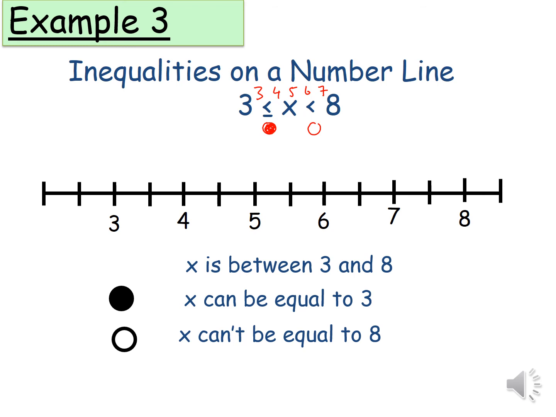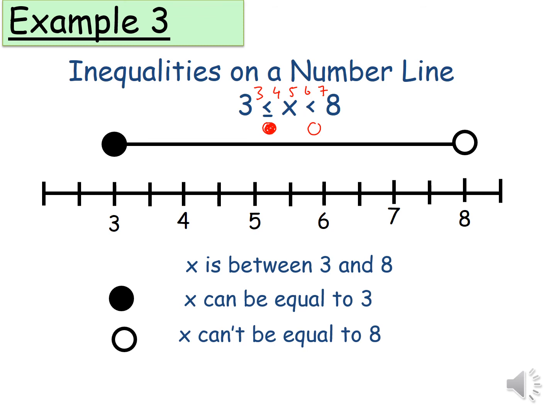Okay, how do I represent this on the number line? Now I know 3 is less than or equal to x, or x is greater than or equal to 3, so I will draw my full circle at the number 3. I know that x is less than 8, can't be equal, so I will draw an empty circle at 8. I then join the 2 circles together.